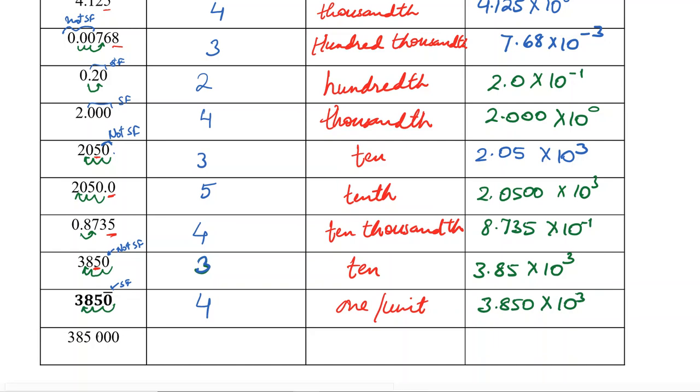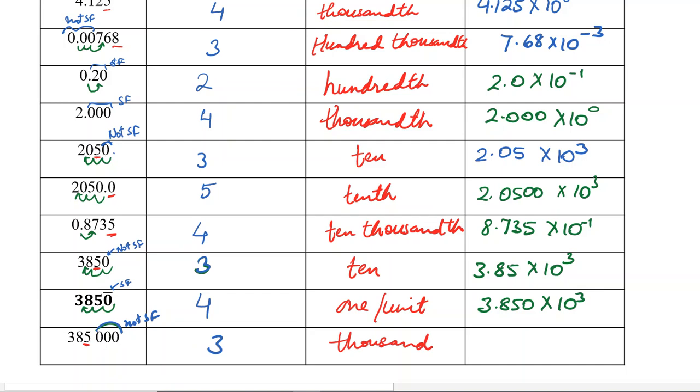Last one, again the trailing zeros are not significant, so the number of sig figs is only 3. The precision is this one, the thousands place.